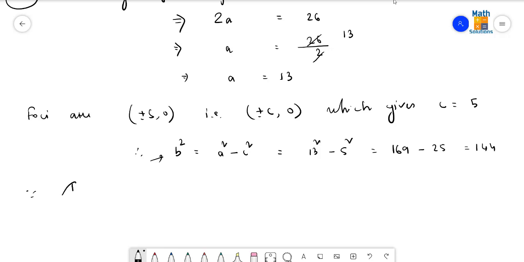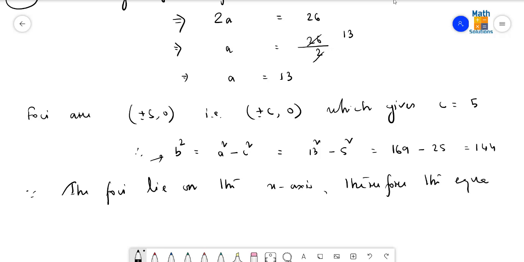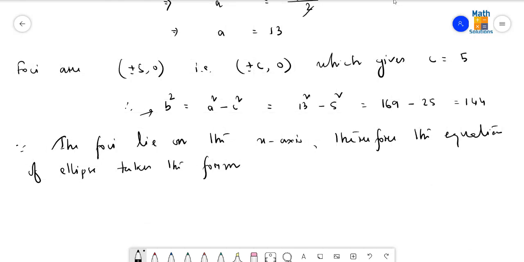Since the foci lie on the x-axis, therefore the equation of ellipse takes the form x square by a square plus y square by b square is equal to 1.